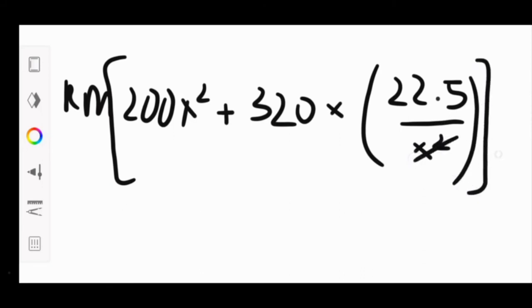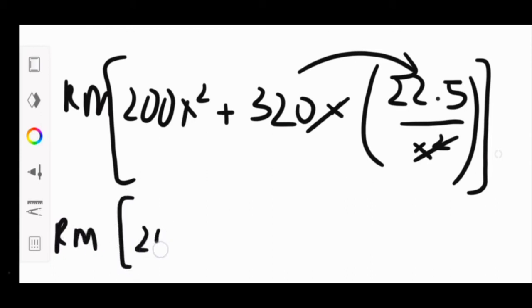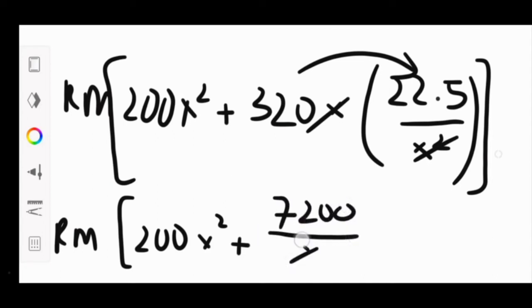We can cancel out the x, and we will multiply in the value, and we will get Rm 200 x squared plus 7200 over x. This is the final equation for the cost.